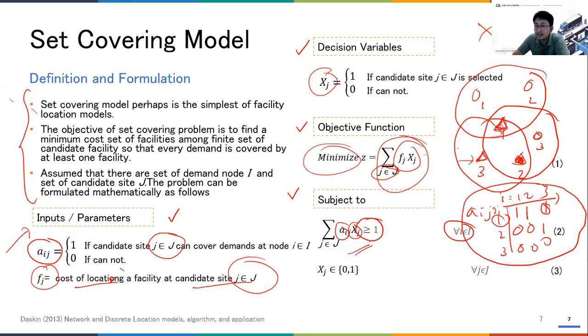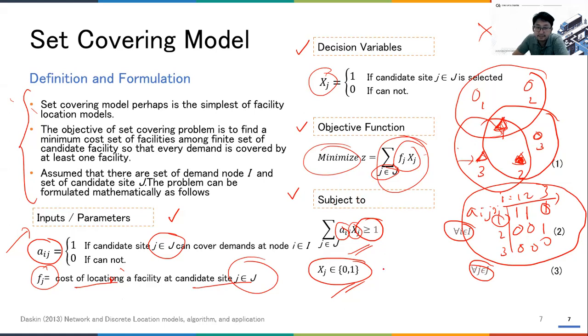So this represents that you want to cover all the nodes, the demand. The constraint is only this, and xj is an element of 0 and 1 for all j, which represents that the decision is binary, either 0 or 1.